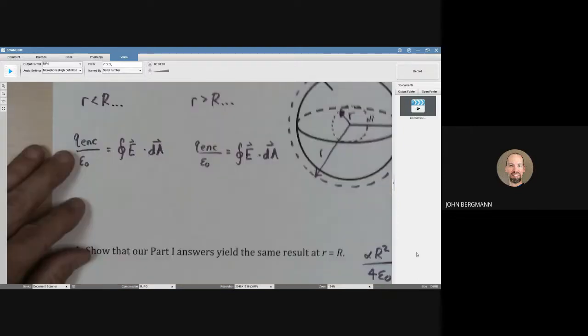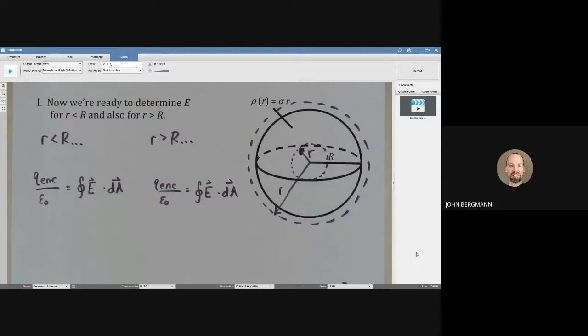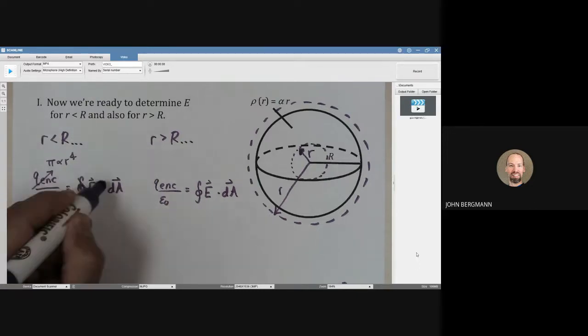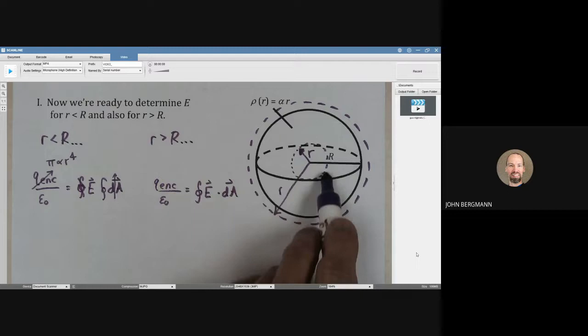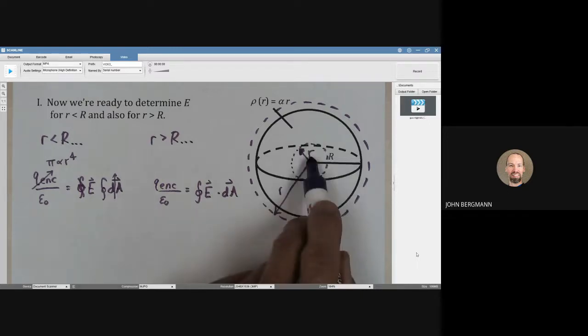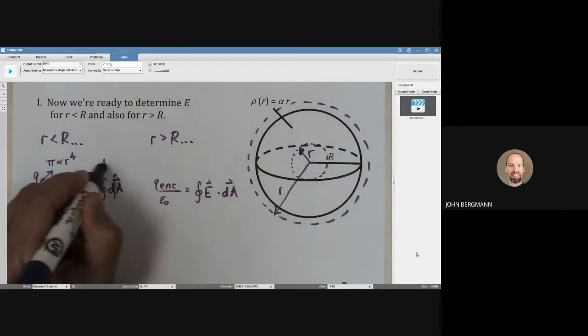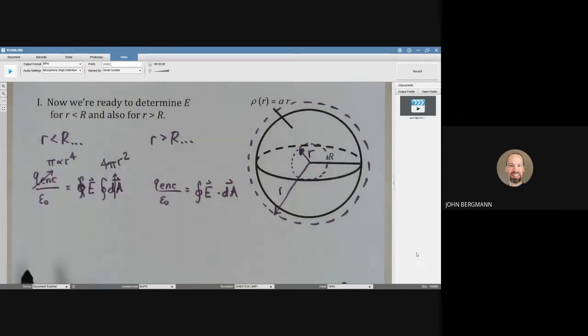We want to find the electric field inside and then outside the sphere. Inside the sphere, we need the amount of charge that's enclosed, and on the previous page we just figured this out. The value of E is equal at every point. We integrate dA for this Gaussian sphere right here, where little r is smaller than big R, giving 4 pi little r squared.